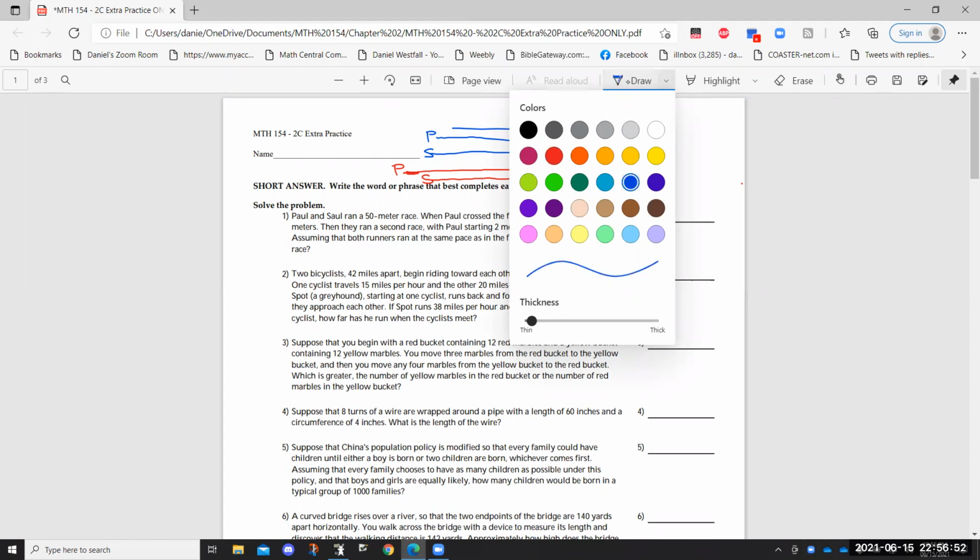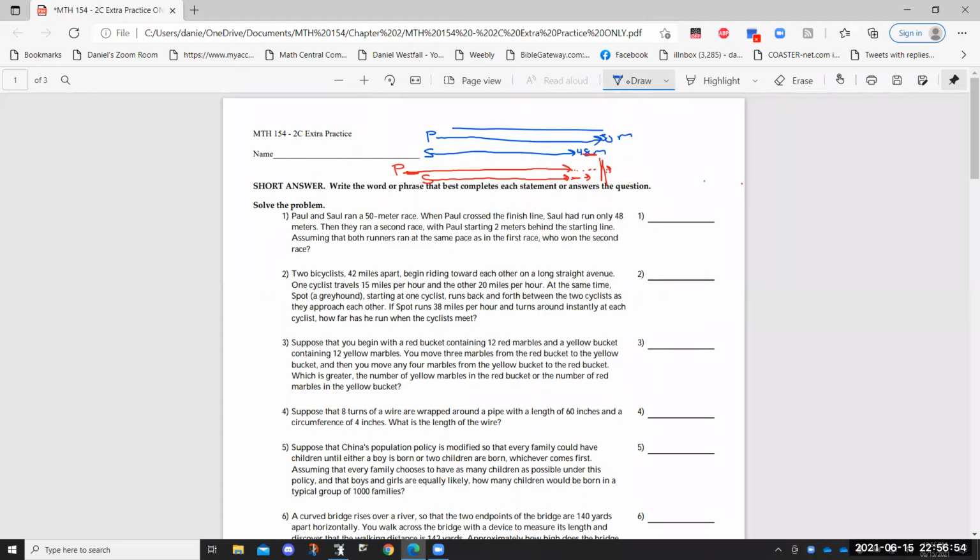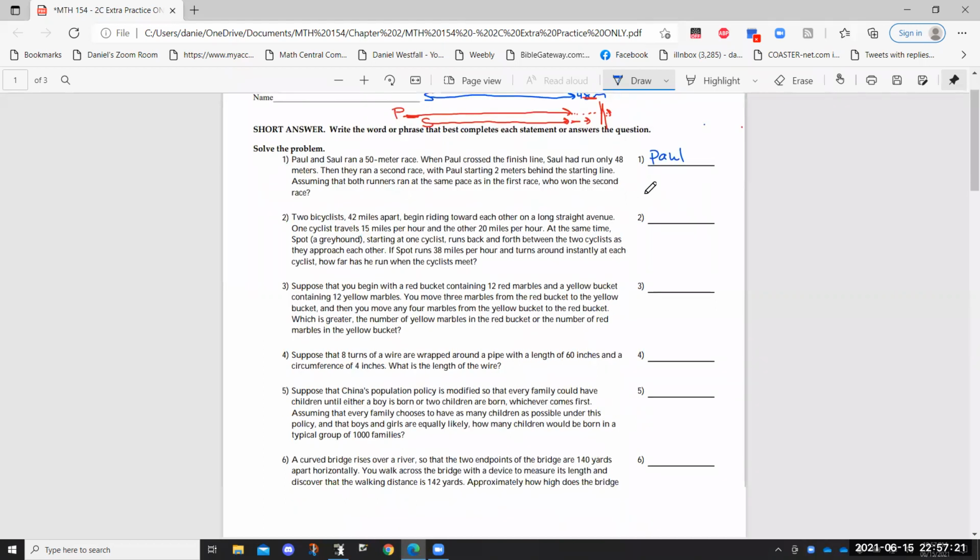And the answer to that intuitively, and if you did it quantitatively, is that Paul is going to finish first place both times. Moving him back the difference of 2 meters here is not going to change his winning the race. You're going to have to move him back even further if you want to try and get Paul and Saul to cross the finish line at the same time.